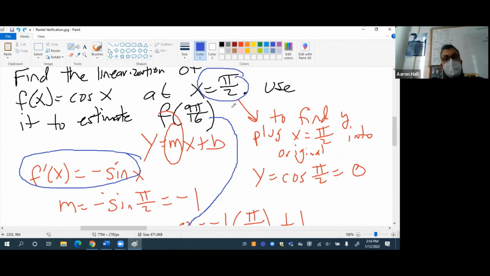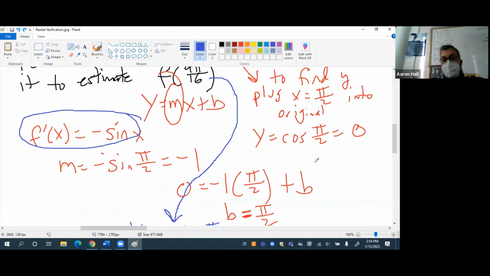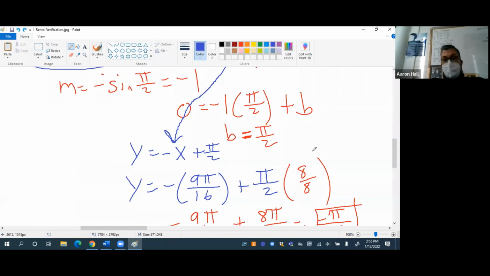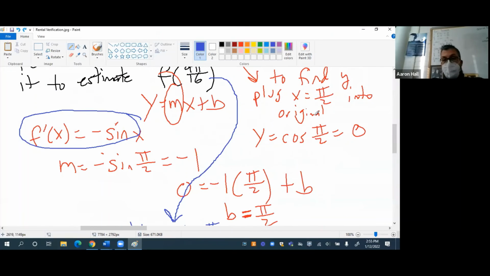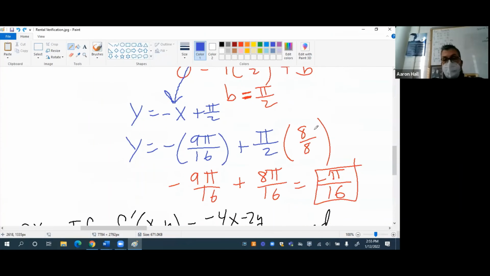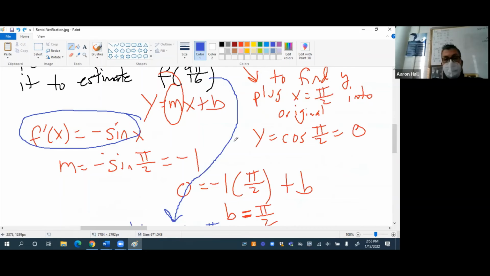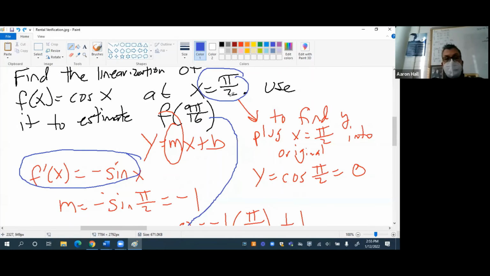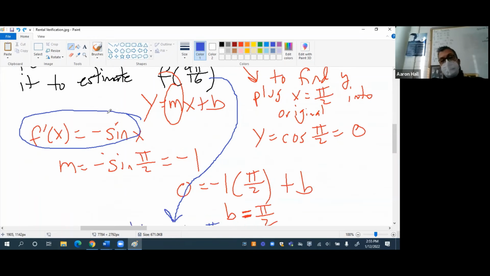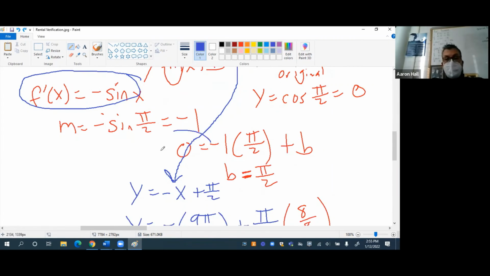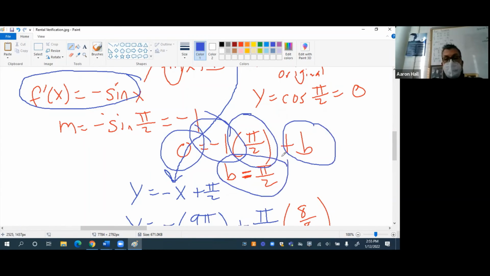That gave us our x and our y value. Our x value is pi halves and our y value is 0. Then we plug in everything we know to solve for b: 0, -1, pi halves. Solving for b, we got pi halves.